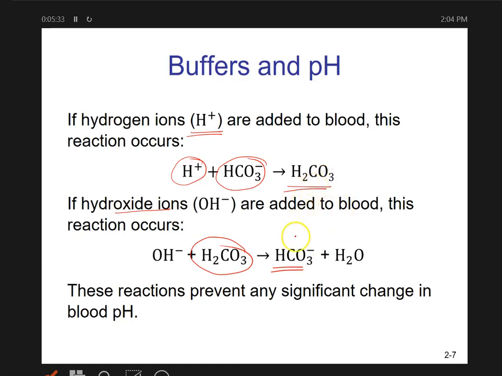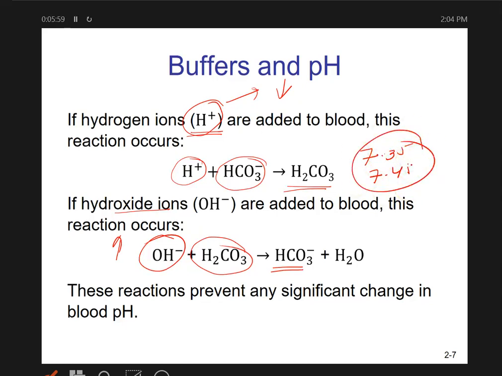Either way, the pH is not going to change. pH will change only if there is H added or OH added. In this case, the pH is going to go down. In this case, the pH is going to go up. But because of the buffer, it's going to neutralize this, and therefore you are going to have very little change in the pH. So a stable level of 7.35 to 7.45 can be maintained.